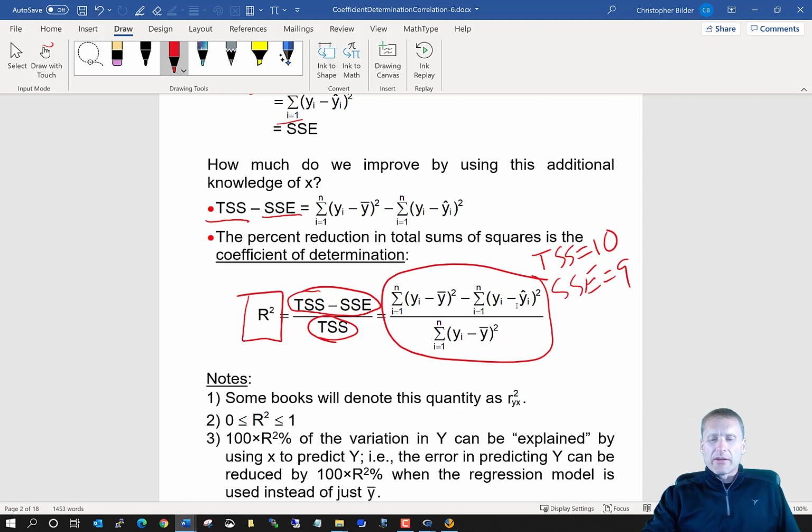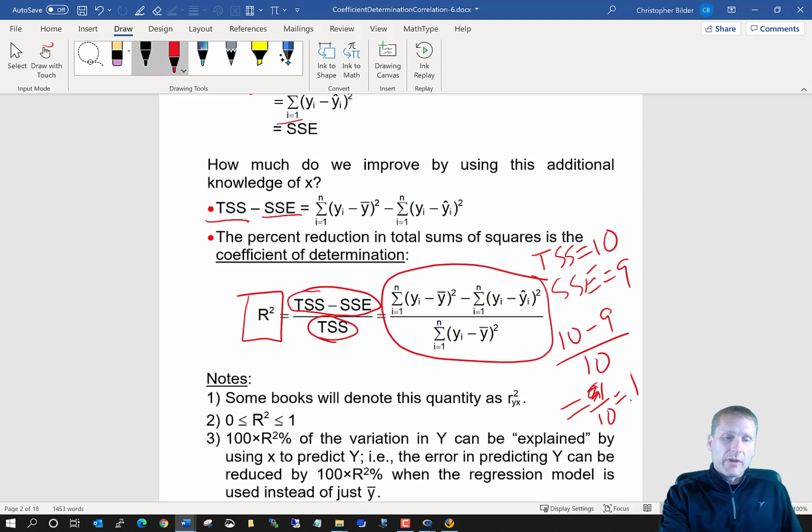So the R squared in this case would be 10 minus 9 over 10, or in other words, 1/10, or 0.1. So you've only gained about 10% from using x to predict y rather than simply using y bar. Not much of an improvement at all.